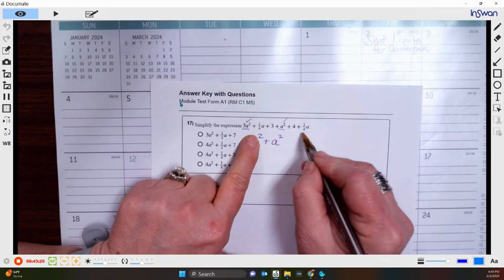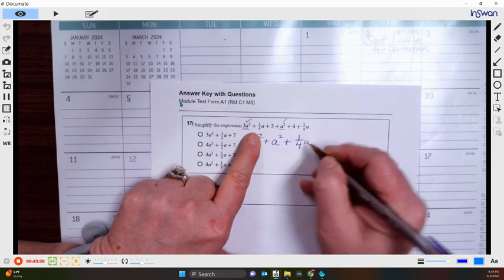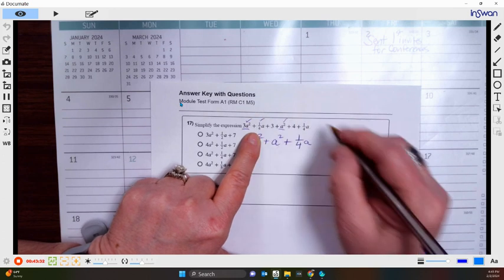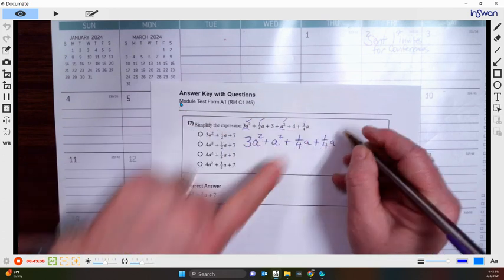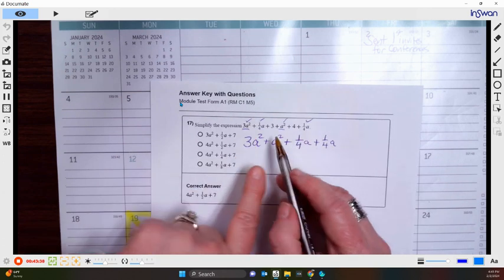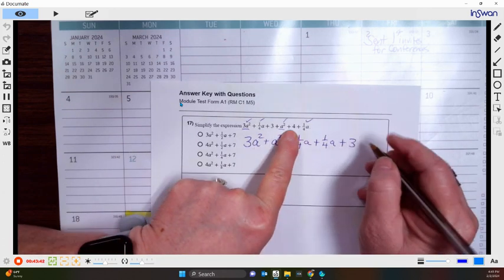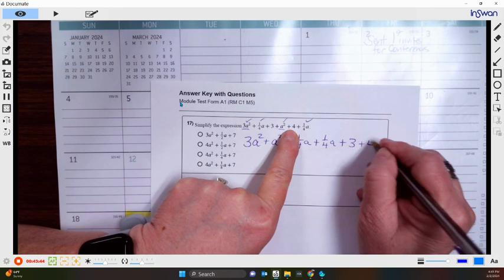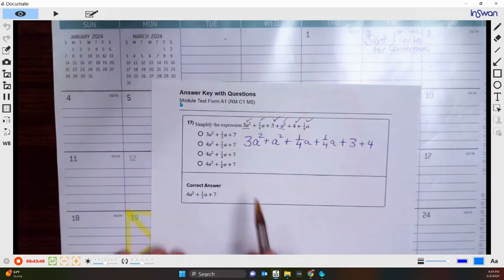Then I have a's: plus 1/4 a, and 1/4 a plus 1/4 a. So that's my fractions. And then I have my constants of 3, so plus 3 and plus 4. Okay, so all the terms are represented and I rewrote it here.